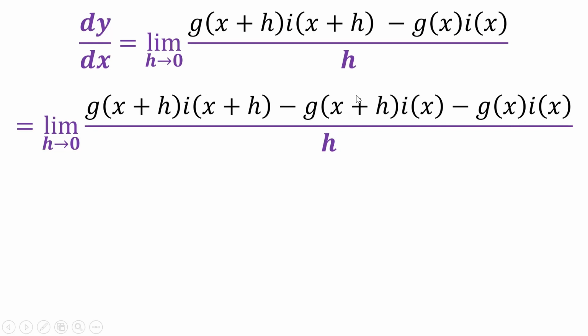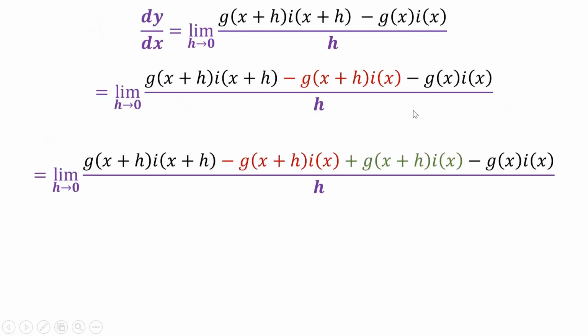But you can clearly see that by subtracting this new term, I have changed the original problem. So I need to take it out. And this is how I will do it. To take this new term out so that we return to our original problem, I will just add it. So look at what we are now having. The new term that we subtracted, we have also added it.